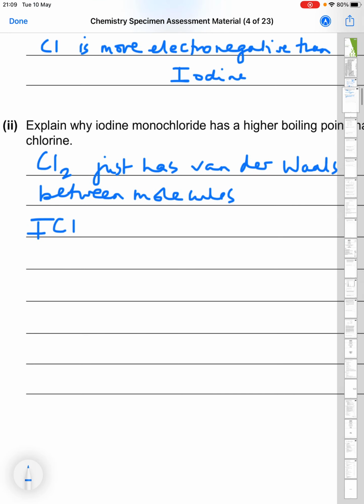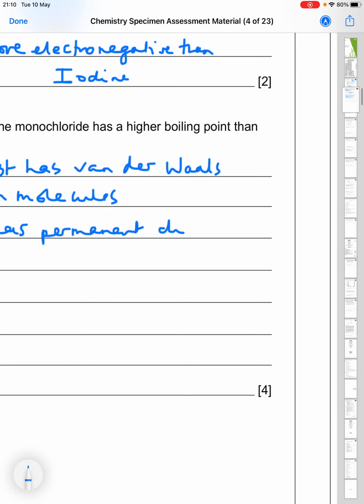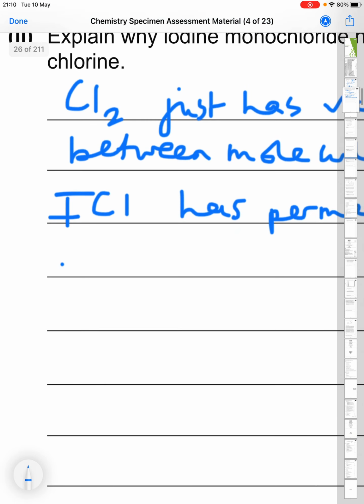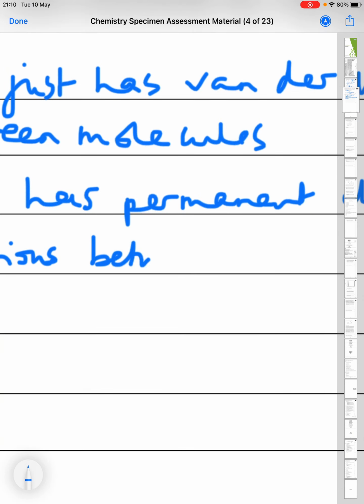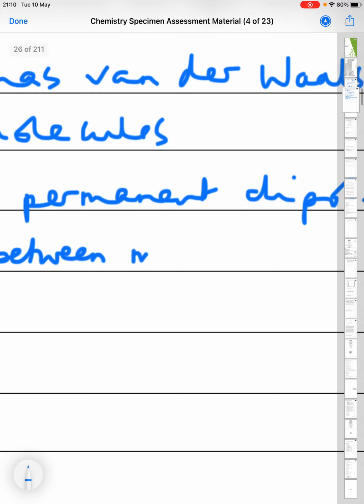But with then the ICl, it has permanent dipole-dipole attractions between the molecules.